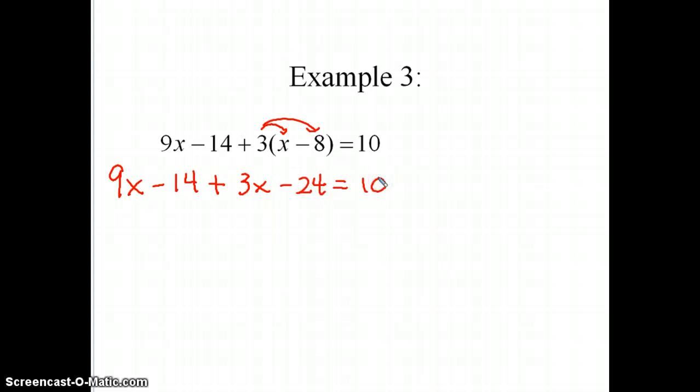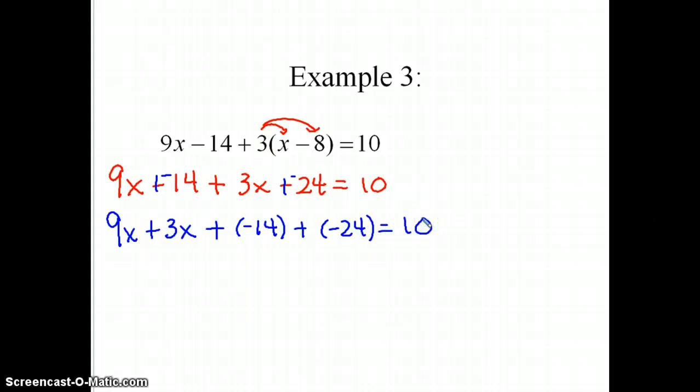Once again, changing my subtractions to adding the opposite. 9x plus a negative 14, 3x plus a negative 24. I will now use the commutative property to put the 9x plus the 3x together, and the negative 14 plus the negative 24 together.